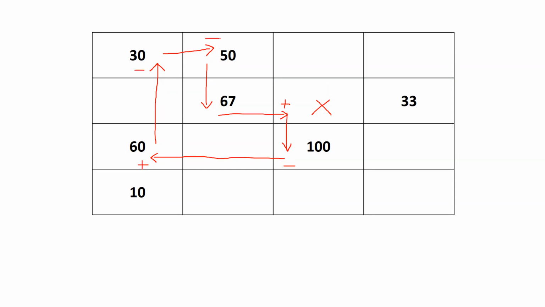Put a plus in this cell, and finally I have a negative here. Okay. Now look at the cells where I have put the negative signs, and the least is 30. So I'll take 30 and perform addition and subtraction depending on the signs which I have put. Okay. So this will help me get the new matrix.